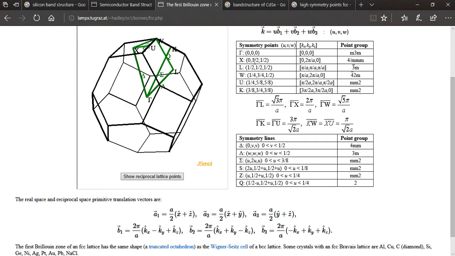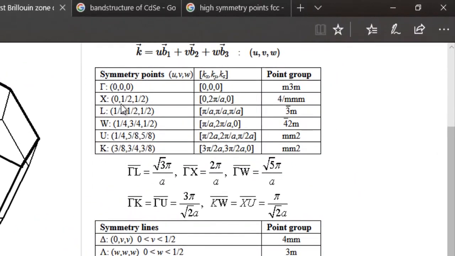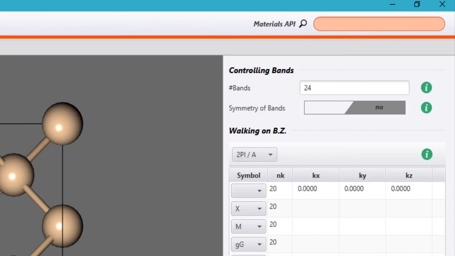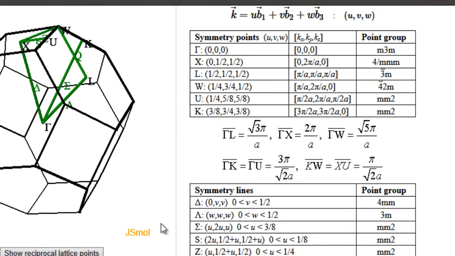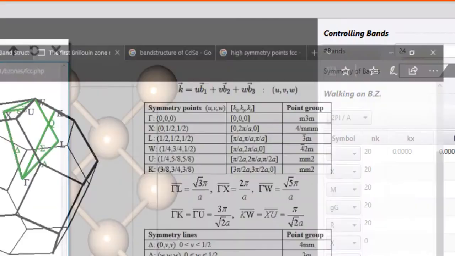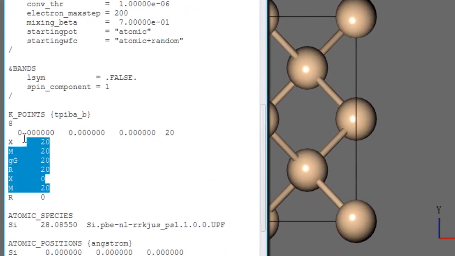You can see that X has the coordinates 0, half, half in crystal coordinates, but 0, 1, 0 in the 2 pi by a units. So you can enter those here, and so on. That is how you will in principle provide the high symmetry points to the Quantum Espresso input file for the band structure calculation.